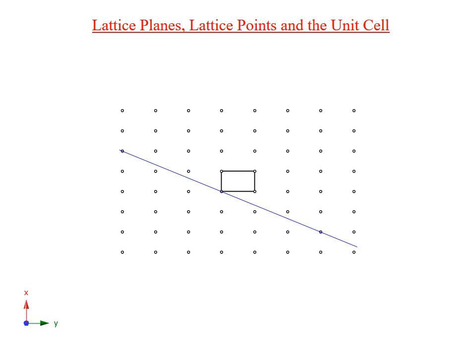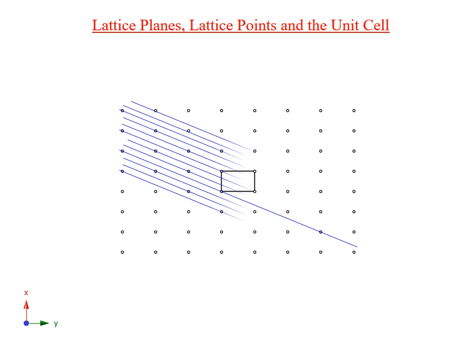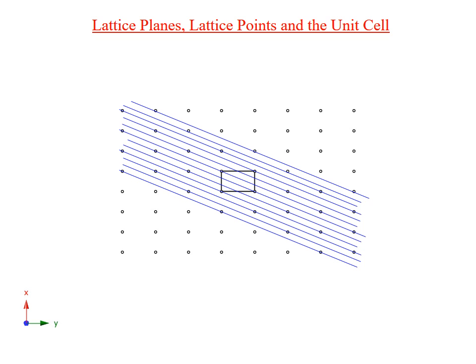Here I've chosen a lattice plane in which the lattice points are even further apart, and if we want to complete that set, we have to draw the equivalent plane through every lattice point again, like so. Note that a consequence of this is that when we choose a plane that has lattice points further and further apart from one another, then the planes themselves will be closer and closer together.